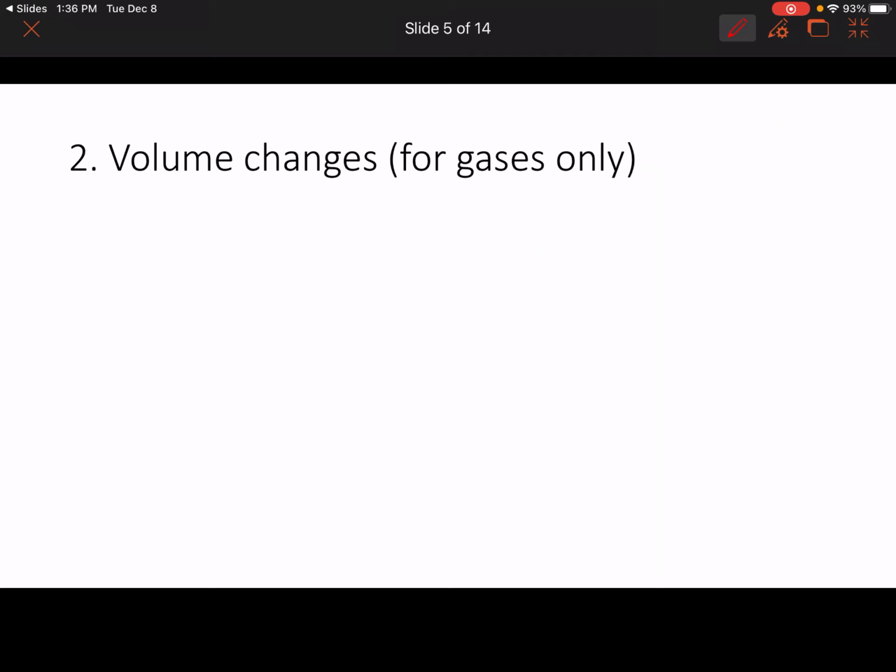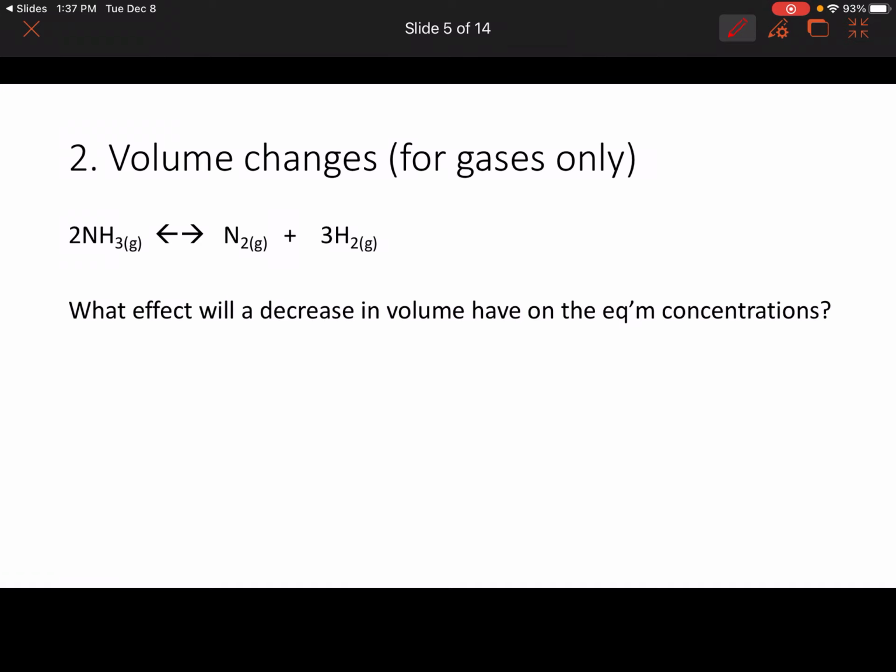Okay, so number 2 stressor is volume changes. So this is only for gas. Now, we've got NH3 in equilibrium with N2 plus H2. The question is, what effect will a decrease in volume have on the equilibrium concentrations?